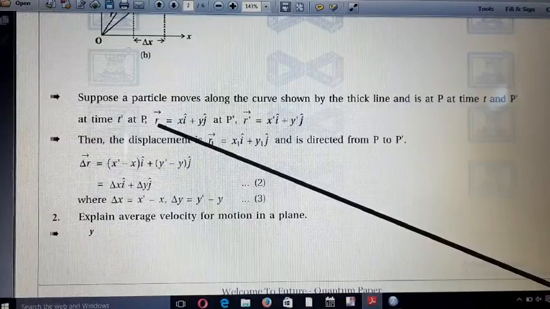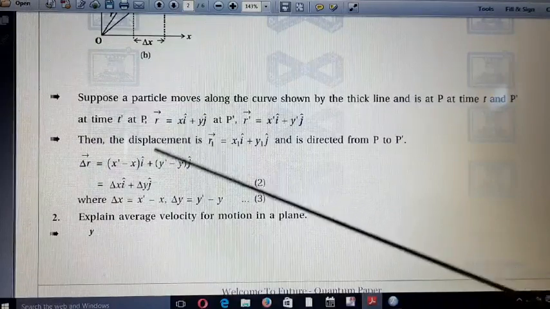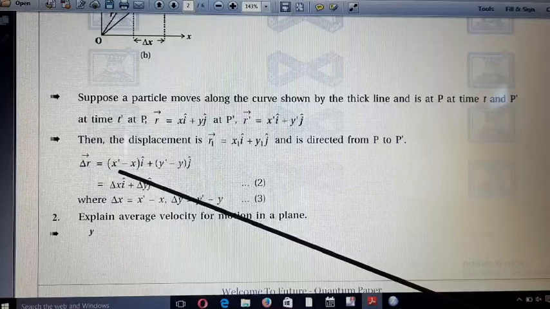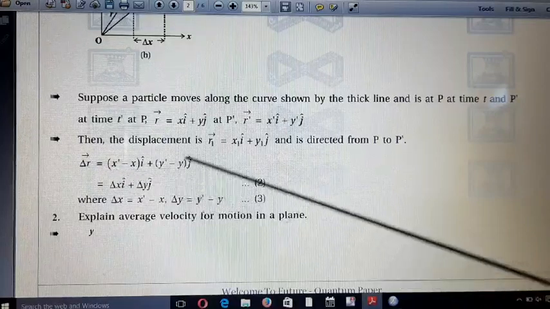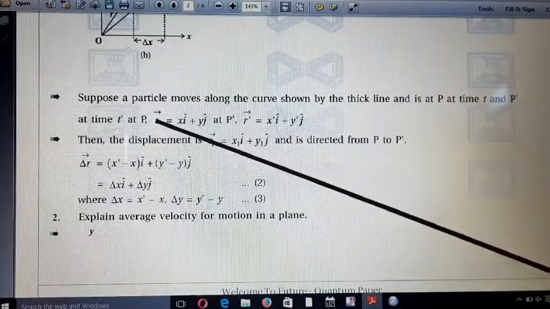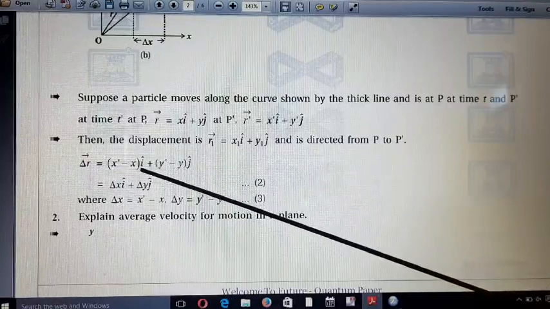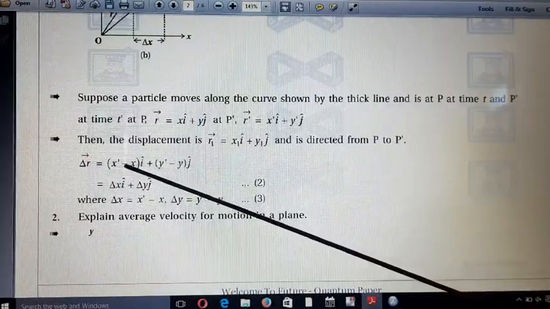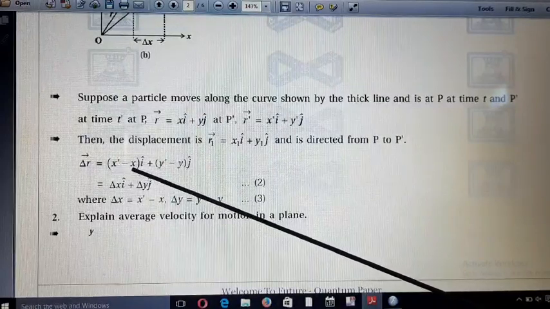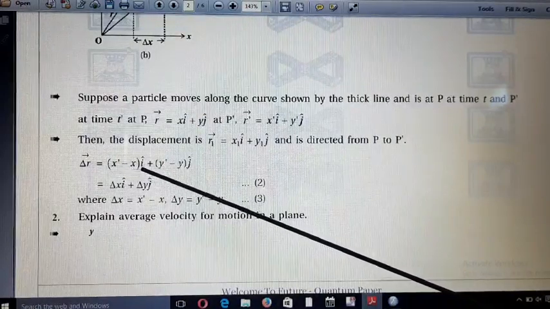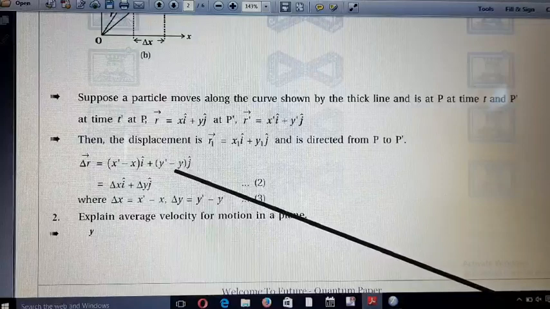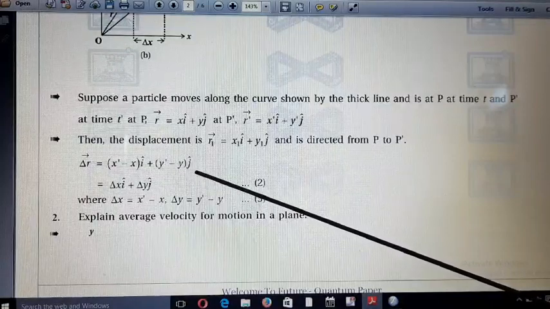These equations are not available in our PDF, but they are solved directly. Vector r dash minus vector r means, taking i caret common, (x dash minus x) i caret plus (y dash minus y) j caret.